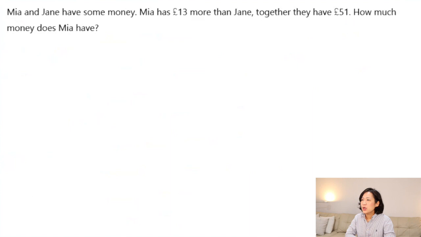So you always begin with finding your final goal and identifying your keywords. The final goal is finding Mia's money. What we get from the question is Mia has £13 more than Jane.